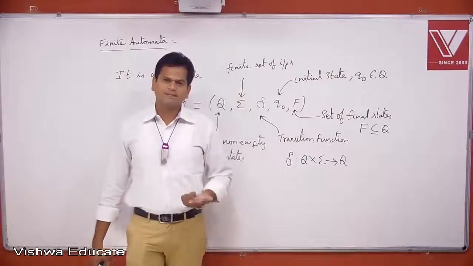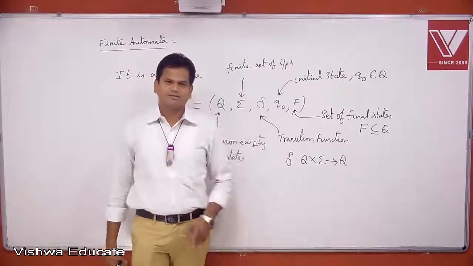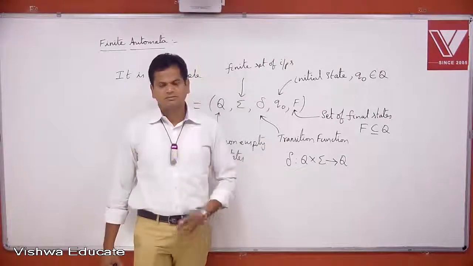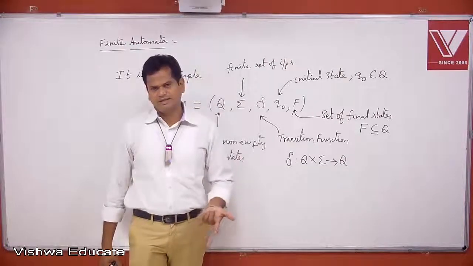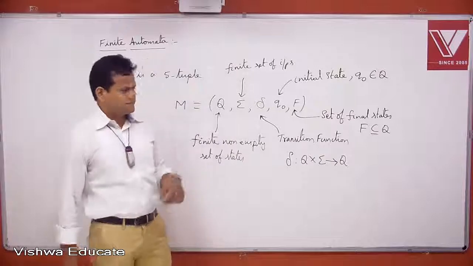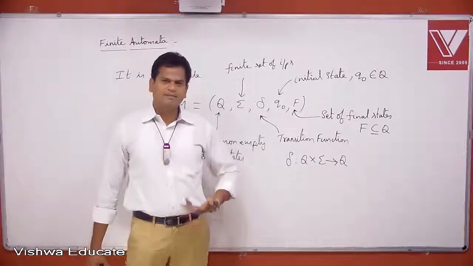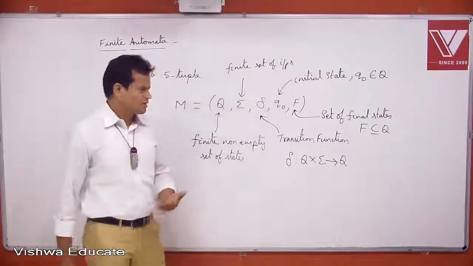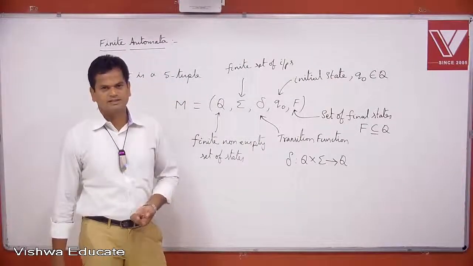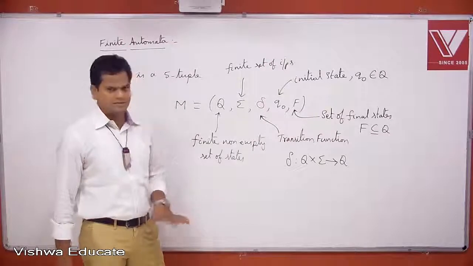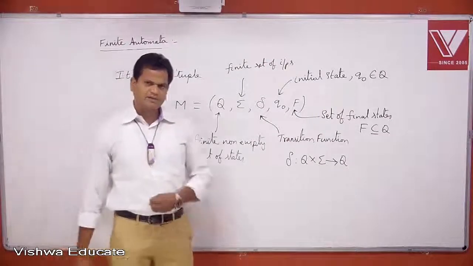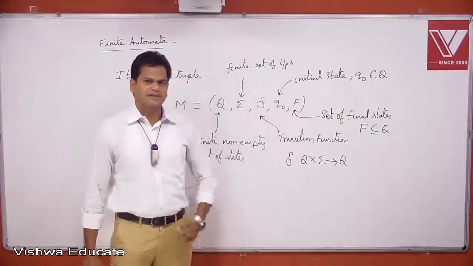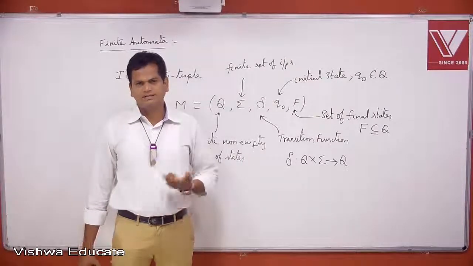It is not compulsory that every automata must have a final state. There may be a final state, may not be. If there are final states, that number can be 1, only one final state, or 2 final states, or more than one. Or it may be empty also. Clearly, an automata may or may not have a final state. If it does, it can have 1 or more than 1.